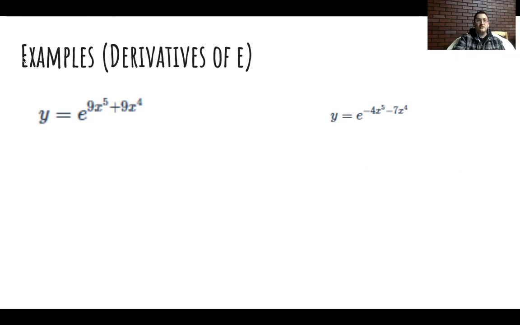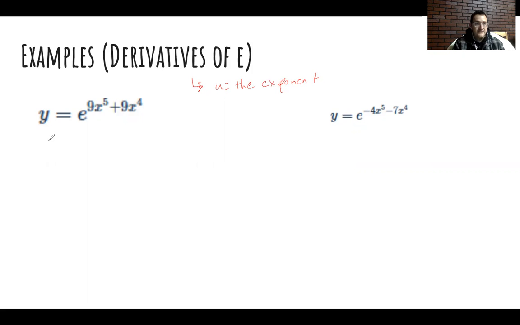We treat these examples a lot like the chain rule. So our u is the exponent, and we're just going to generalize here.